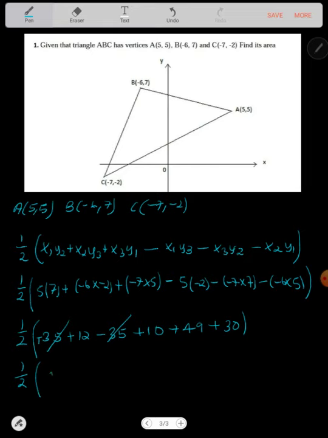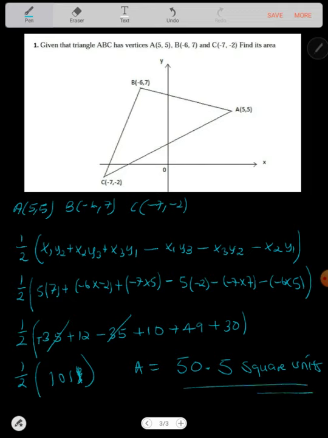So we're going to have 101. Then close the bracket. So your area is equal to, now you divide by 2 because there's half here, you're going to get 15.5 square units. So that's how we can find the area of a triangle.